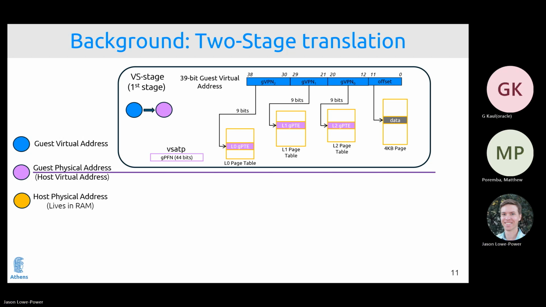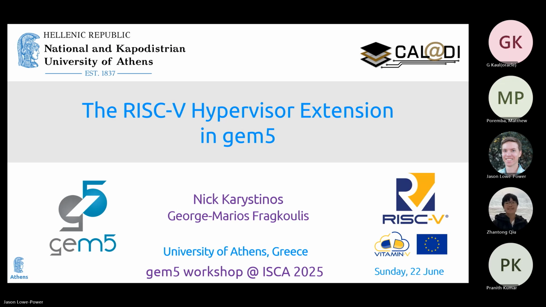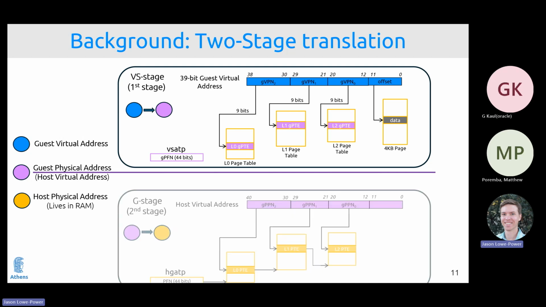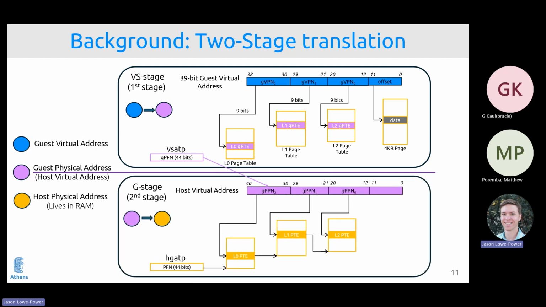So in the top, you have the normal page walk that you know of. And the only catch is every time you encounter something purple, you pass it through G stages to actually get a physical address in RAM. So the translation would work kind of like this. You first get the page register in the top stage.